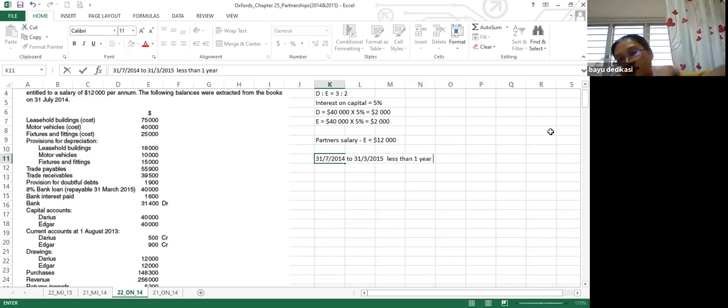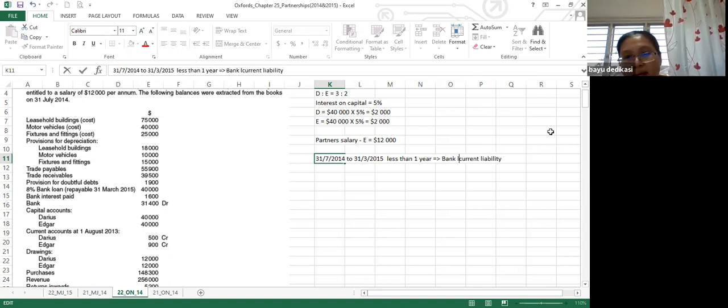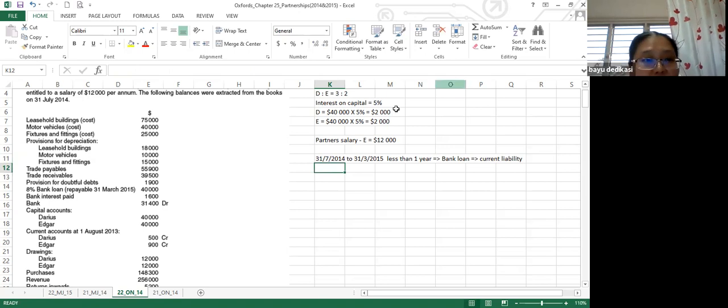If less than 1 year, in this case, you need to treat this bank loan as a current liability. So be careful for this question.